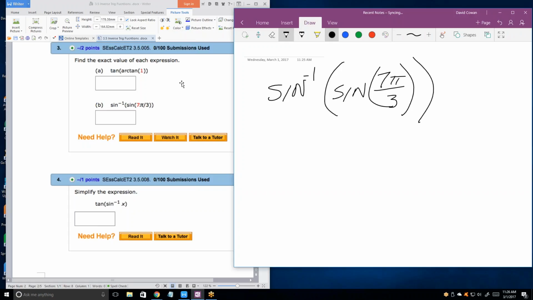And that actually is not wrong, but it's not the answer they're looking for here. You always want the answer to be first quadrant or fourth quadrant. Well, let's convert 7 pi over 3 into an angle that's in the unit circle. That's outside the unit circle. Notice that that's greater than 2 pi.